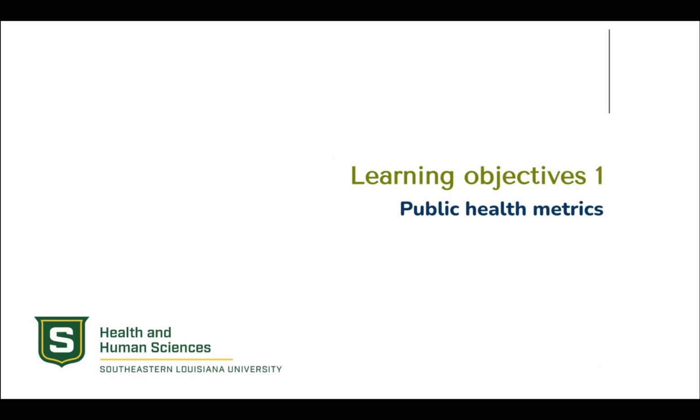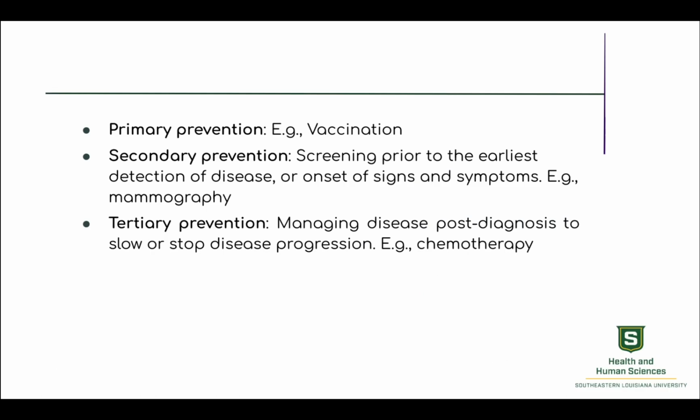Okay, so with learning objective one, we'll be talking about the public health metrics. I'm pretty sure you are familiar with these types of services that are provided in healthcare facilities. We have primary prevention, things like vaccination.